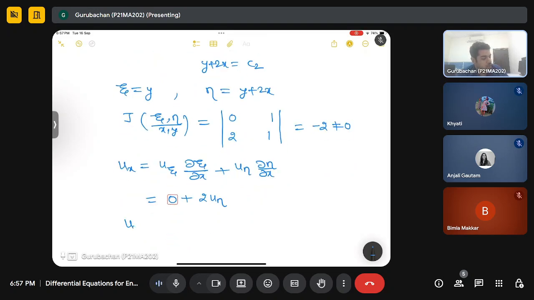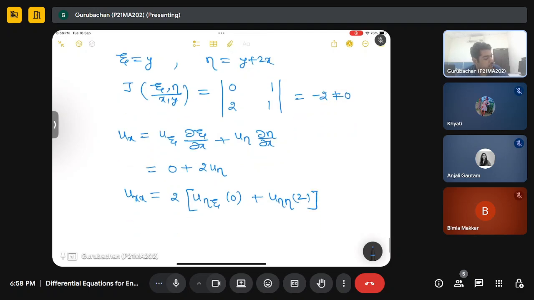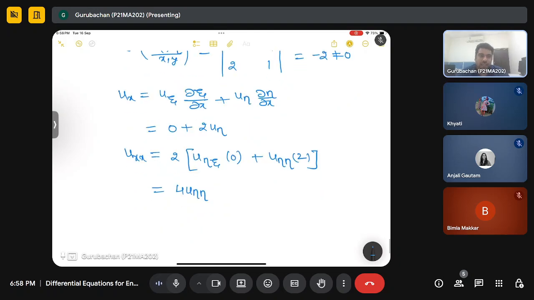From here you can also calculate uxx. So uxx will give you, again you have to differentiate this u eta with respect to x. So this will be u eta xi del xi by del x, which is 0, plus u eta eta, and this will contribute as 2. So ultimately you will get 4 times u eta eta as the value of uxx.